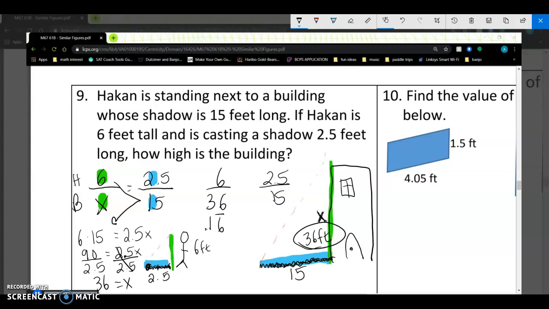Let's try 2.5 divided by 15, and we get the same thing. This means you have done your work correctly here. We have found the length and they remain proportional to one another. I would recommend you snap a quick picture of this, and then we can start looking at the next example.